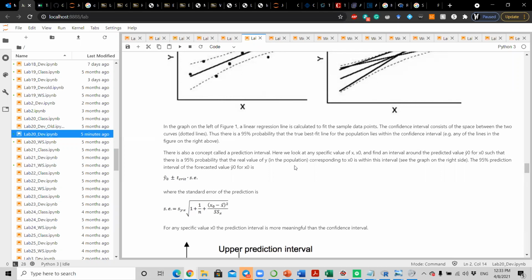So here we look at any specific value of x, x0, and find an interval around the predicted value of y0 for x0, such that there is a 95% probability that the real value of y corresponding to x0 is within this interval.